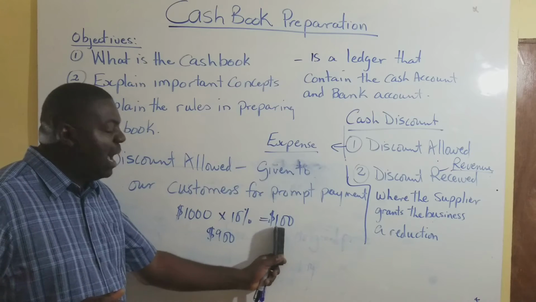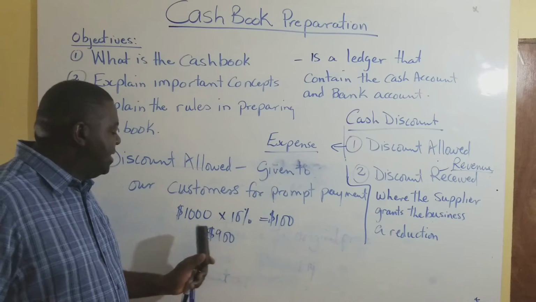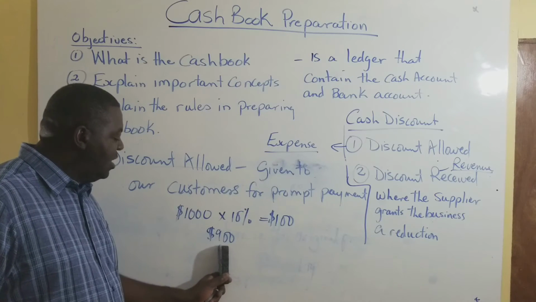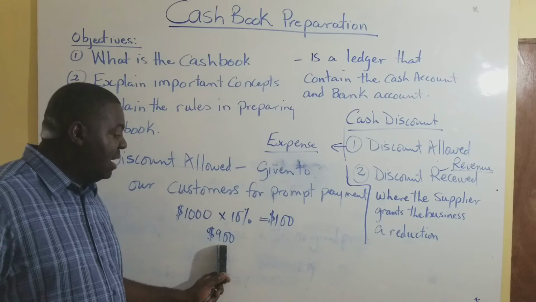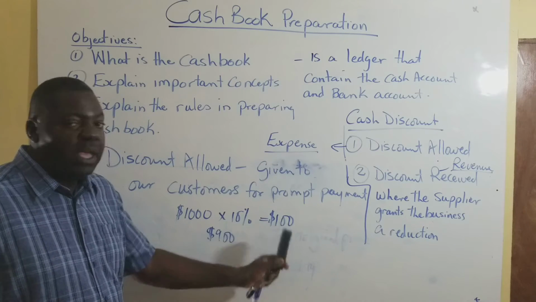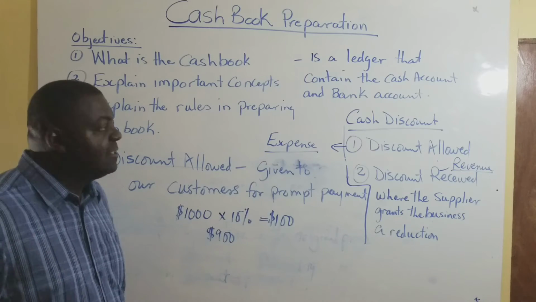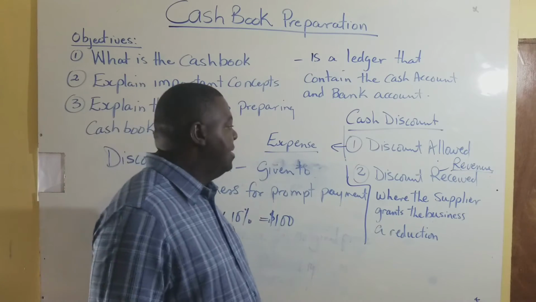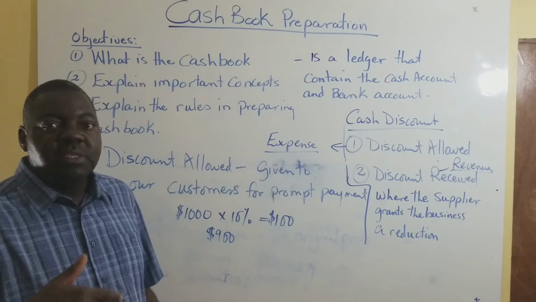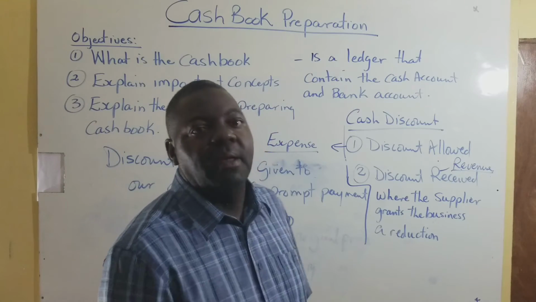We reduce it by $100. So it's an expense to us. Instead of getting an income of $1,000, we're getting an income of what? $900. So this is a cost to us. This $100 that we're giving up is a cost to us. So that's why it's referred to as an expense. On the other hand, in the event here, we would have probably, if it was where we are paying the supplier, right?